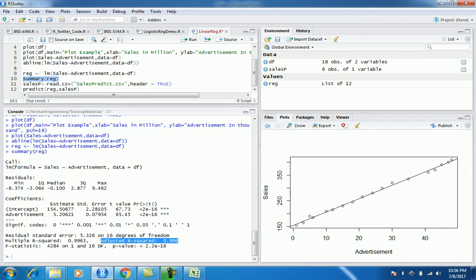Now if our adjusted R square goes up, it means that the newly added feature has significant explanatory power on the sales that we are trying to determine.